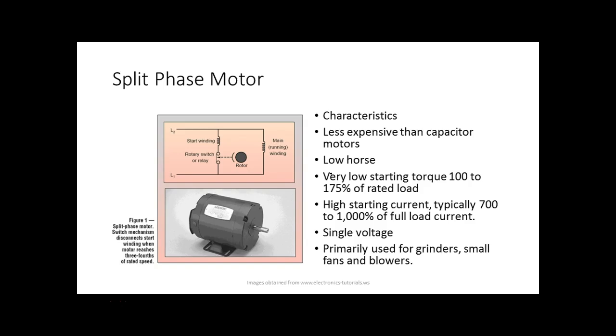These guys are used on a lot of fans. Fans are weird. Most things require a lot of starting torque. Fans, the starting torque is low and the run torque is high, because it gets its torque from trying to move the air, right? So these guys are used a lot on fans.